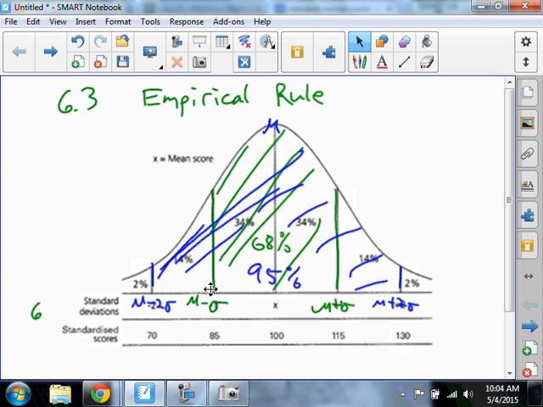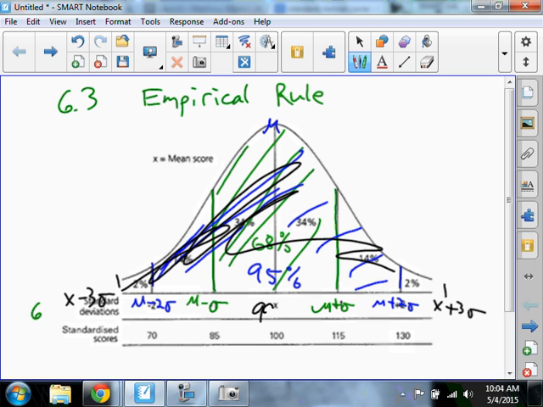If we go one step further to mu plus 3 sigma and mu minus 3 sigma, 99.7% of the data would lie in that region.